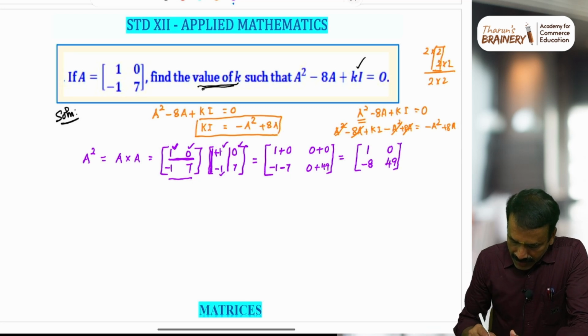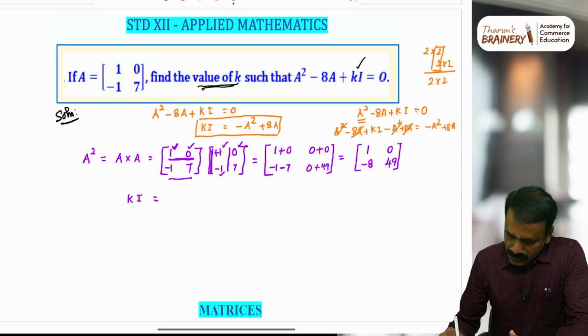Now k is equal to, what is the expression we got?